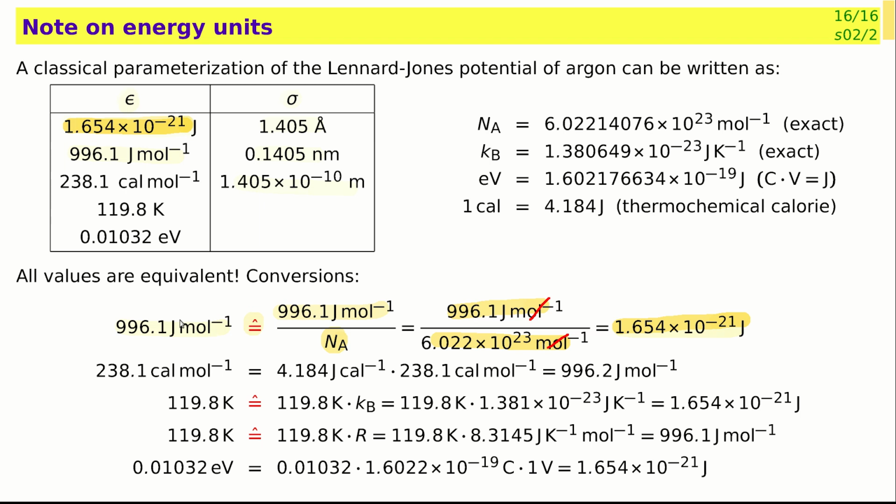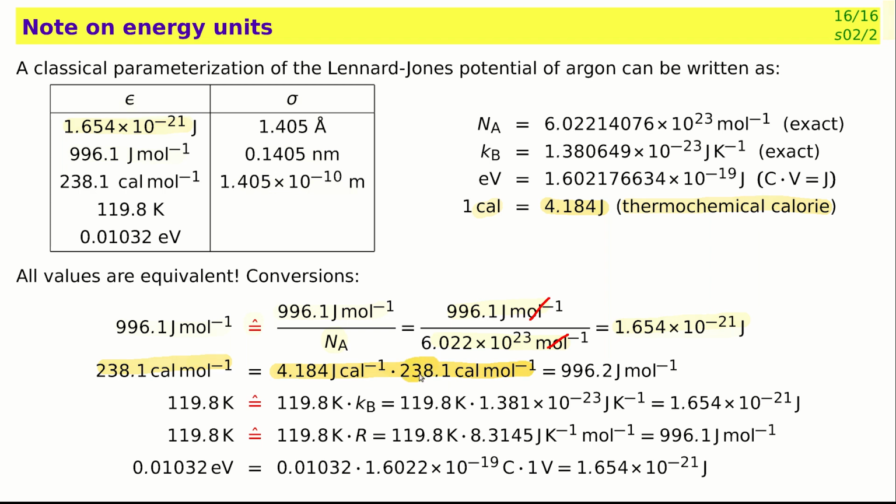Also, often instead of joules in any context, you can use calories. Usually we use the so-called thermochemical calorie. There are different types of calories, but in this field this type of calorie is used, and to convert this value to calories is easy.